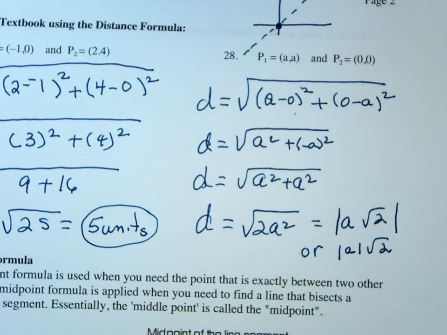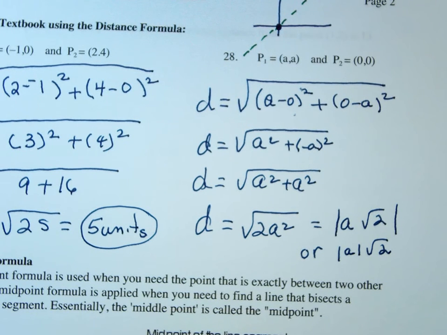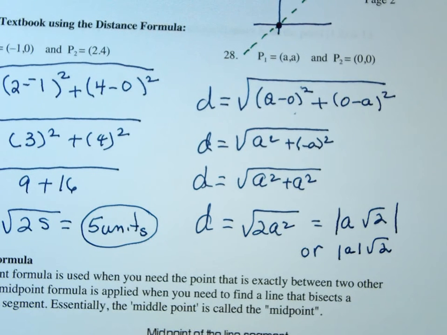The only time you would actually worry about it, quite honestly, is if you had a computer program that was running these numbers, because it would come out with negative numbers and you'd say, oh my goodness, what am I going to do? Because distance is always positive.